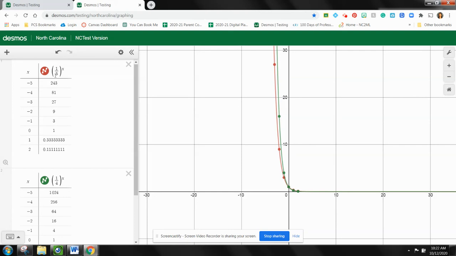Now, if you were to look at 1/3 and 1/4 as decimals, 1/3 would be 0.333 repeating, and 1/4 would be 0.25. 0.333 repeating is actually a larger value than 0.25.